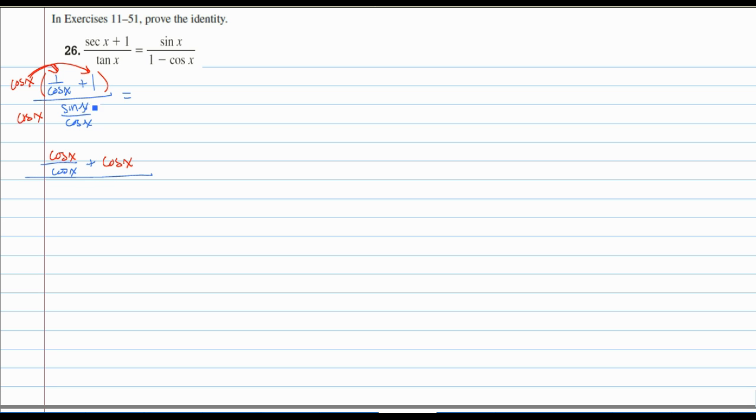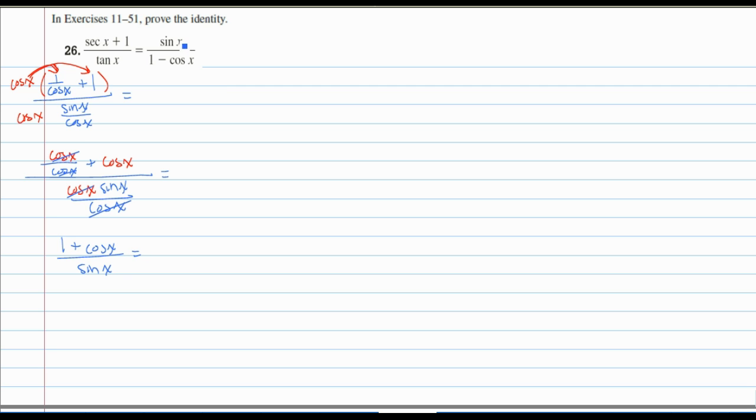In the denominator, I'll have a cosine of x with the sine of x over cosine of x. Those cosines cancel, those cosines cancel. Now I have something a little bit cleaner to work with: 1 plus cosine of x over sine of x.